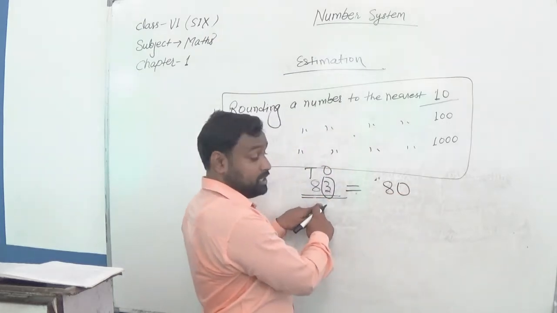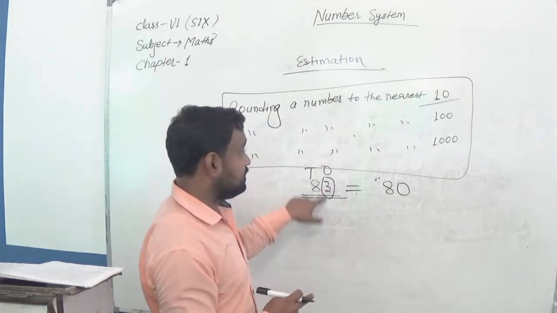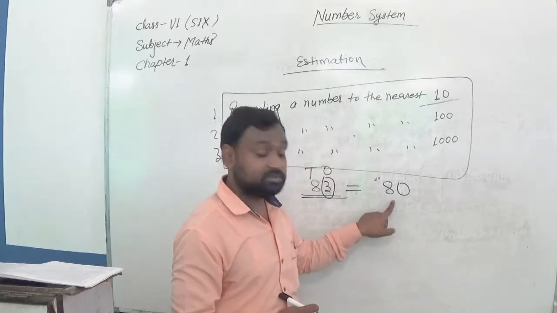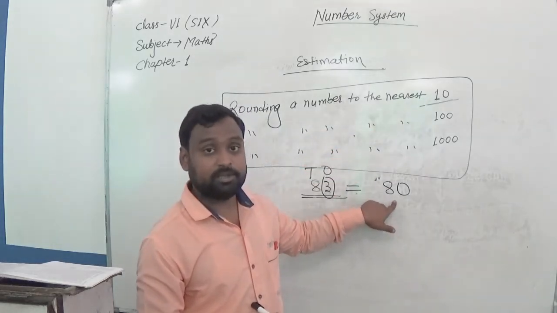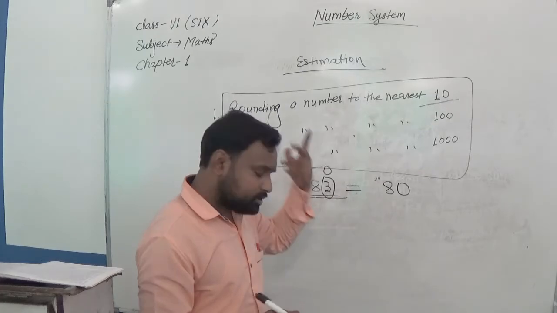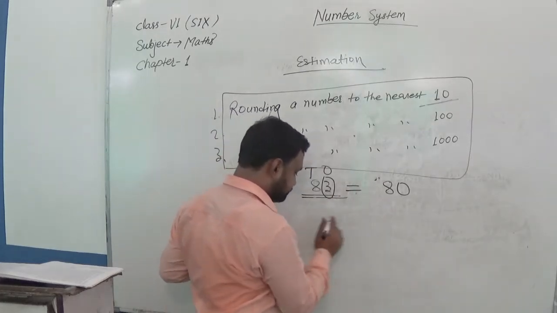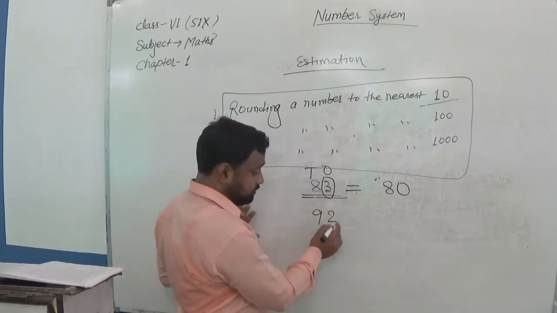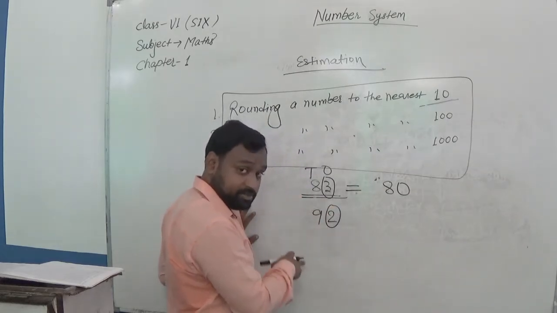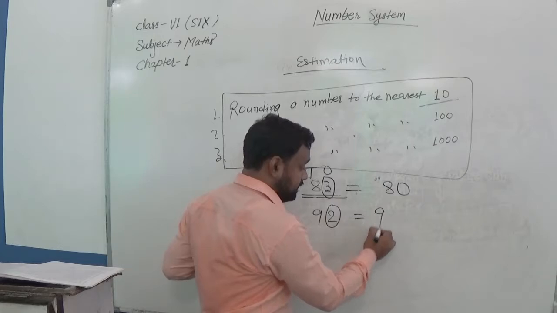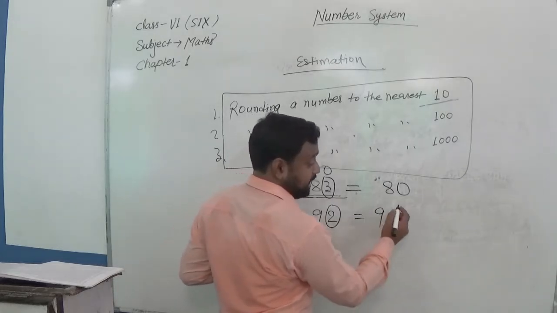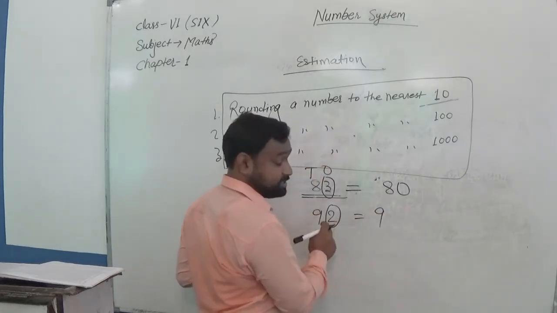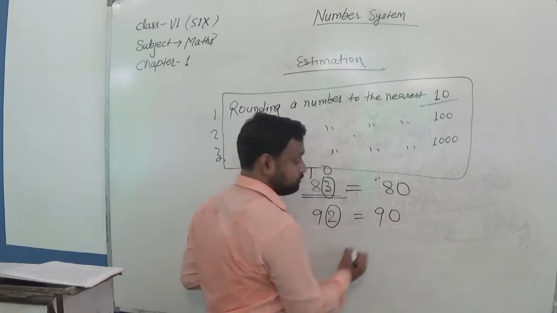Means when we round off 83 to the nearest 10, we get 80. Same way, suppose we have 92. We will focus on 2. It is less than 5. That's why keep the other digit unchanged and replace the digit at the ones place with 0.